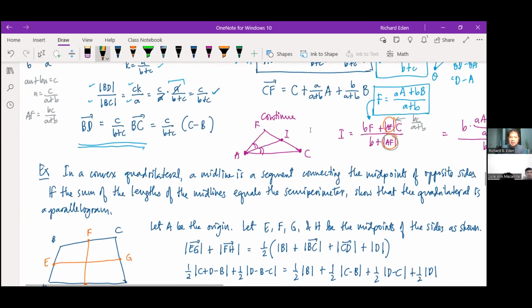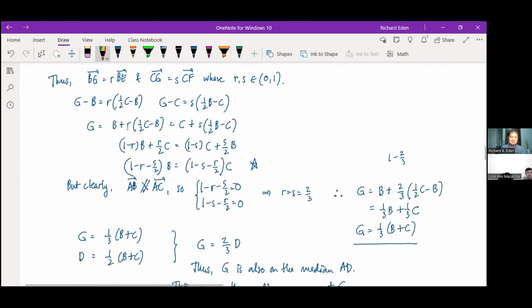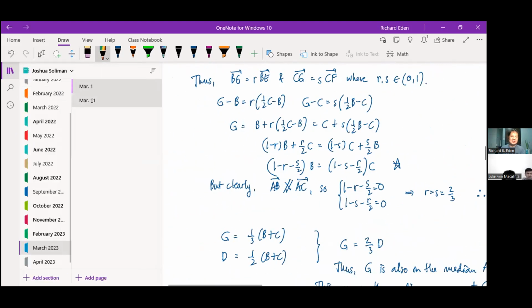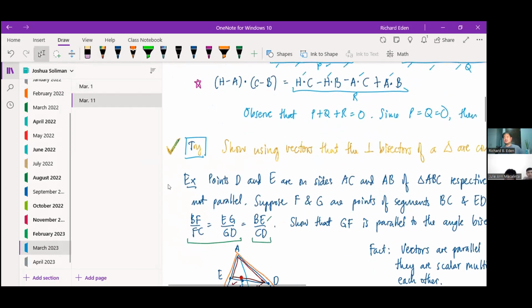I don't know if you finished this one, showing using vectors that the angle bisectors are concurrent. I can't quite remember. But it is always a good exercise to finish the story, because we've shown concurrency using vectors for some special segments already.